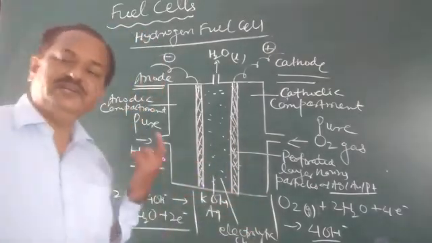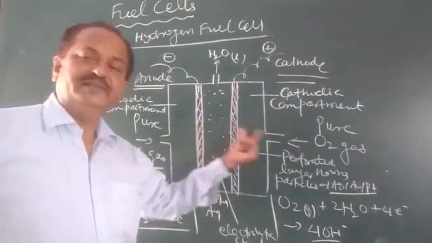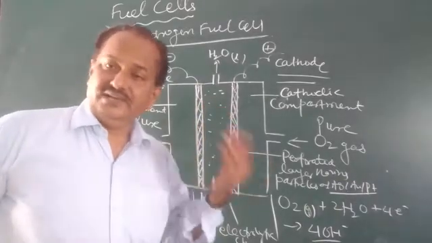Again see, this is the typical hydrogen oxygen fuel cell. It is made up of three compartments: the anodic compartment, the electrolytic chamber, and the cathodic compartment, as it was the same in the case of the galvanic cell.